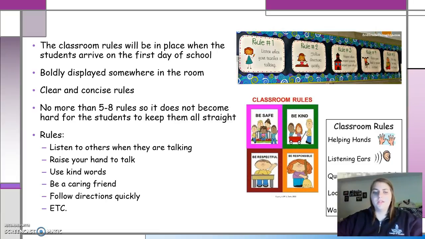And then I also think that rules should be grade level appropriate. Really like this picture right here, especially for younger students. They're very basic 4 rules, but they're all very important things that the students should be doing on a daily basis.